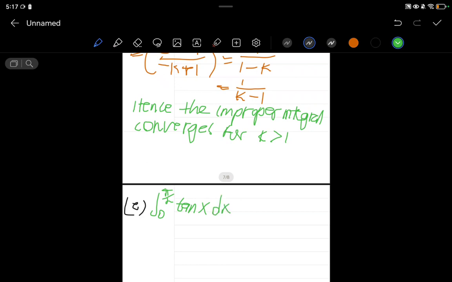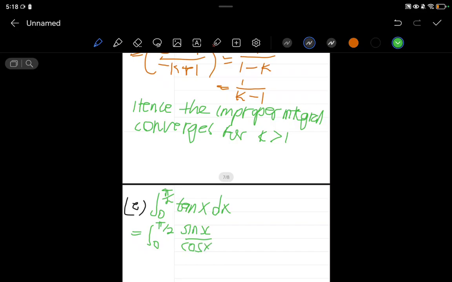So now we have this. All right. And then this we can check like this. We can say 2 over 2 sine x cos x.